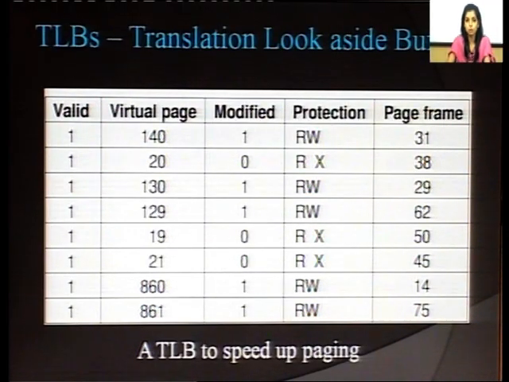This table shows the overall table contents: valid, which virtual pages exist in the table; modified, which page is modified or not; and protection mode, which page is in read and write mode and which page is only in read mode. So, these are page frames.